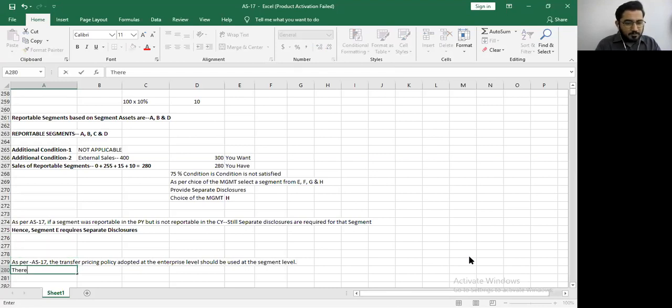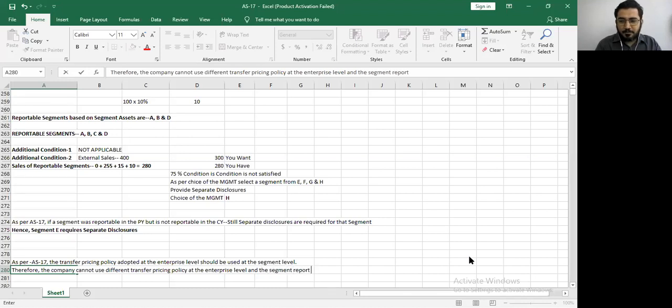Therefore, the company cannot use different transfer pricing policies at the enterprise level and the segment reporting level.